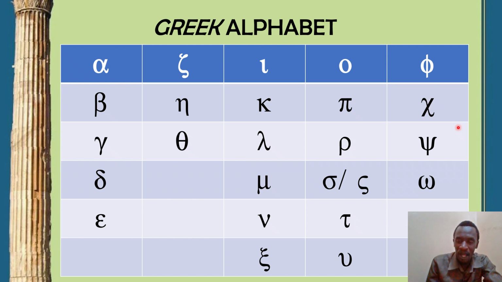So when you pronounce it like that, you have phi, you have chi, you have psi, then the last letter, obviously, is omega. So this is the easiest way that I use to master all these letters. You can also find your own way or use mine as you try to understand and know these letters. So this is all that I can say about the letters.